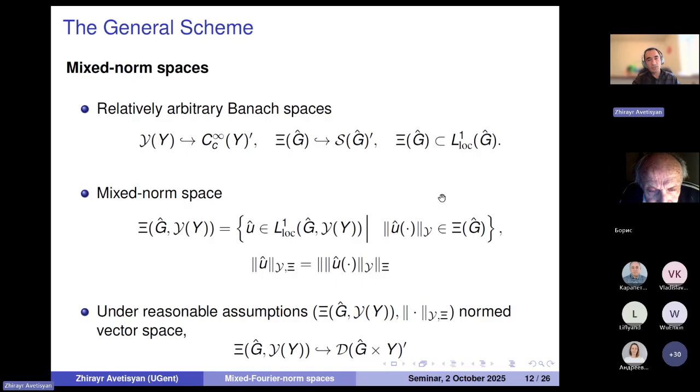So very special classical situation of the unit disk. They were able to prove that this mixed norm space is complete. Okay, so there are grounds to believe that this might be the case also in general. It is just that we are unable to find a proof as of yet.